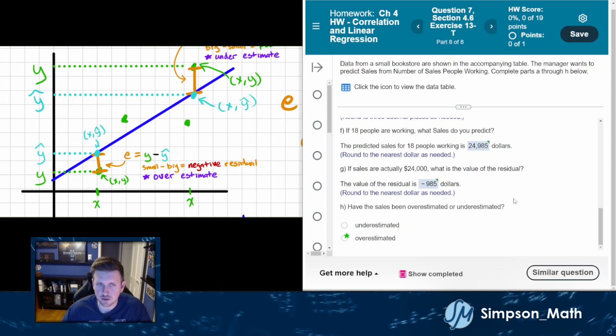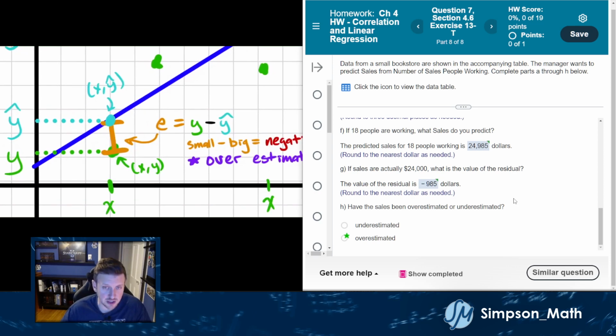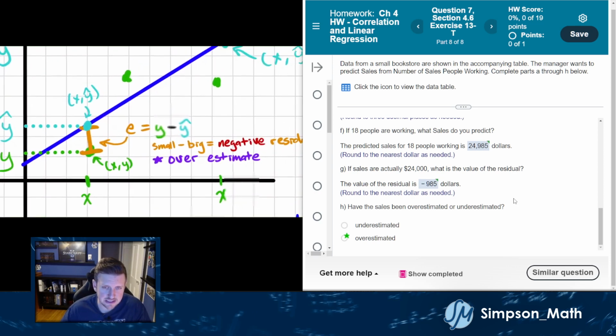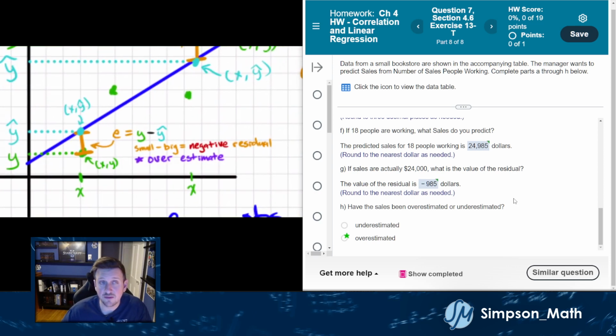So let's talk about over or underestimating. Actually, sorry, before that. So the positive and negative, since we were just talking about the negative one, notice this is from the point of view of the line. So the residual itself is from the perspective of the line, of the predicted line.